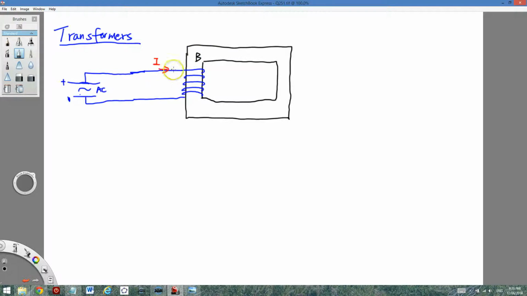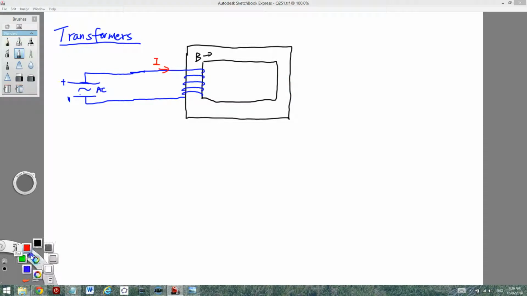When the current is low, there's less strength. When the current is high, there's high strength. So the strength of the magnetic field changes due to the AC power source here. And this magnetic strength can easily travel to the other side of the metal.